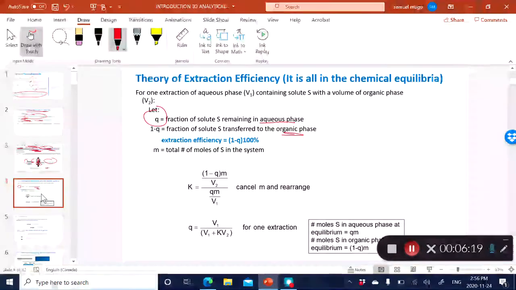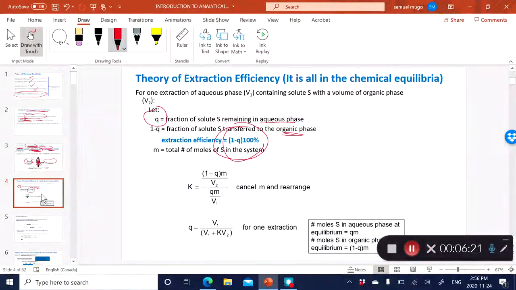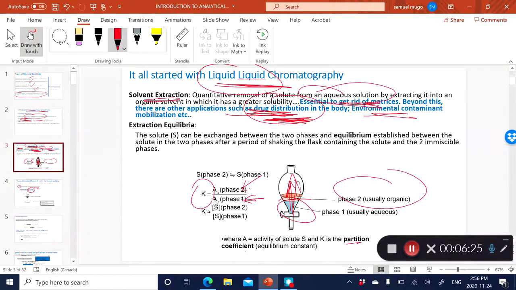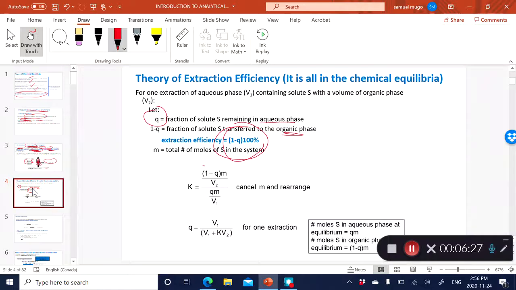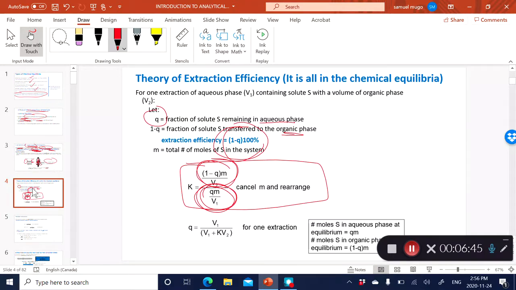If you substitute what I've just talked about into the partition coefficient up here, you actually get this relationship. So these are the number of moles, or rather the concentration, of the analyte that is in the organic phase, and this is the concentration of the analyte that is in the aqueous phase.